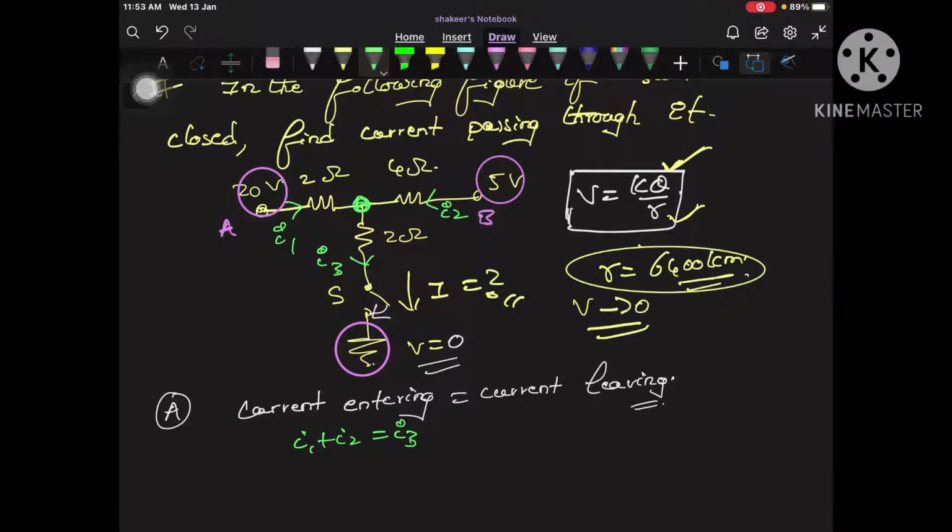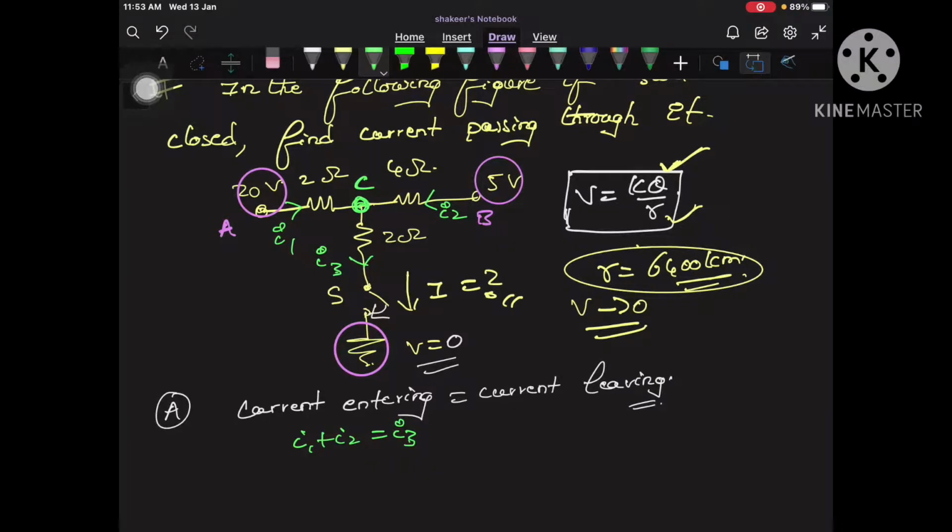If I name this point as point C, then what is the current flowing between A and C? This is point A and this is point C. According to Ohm's law, we know I is equal to V by R, and V is the potential difference between these 2 points.